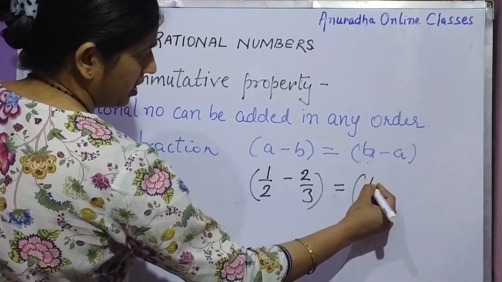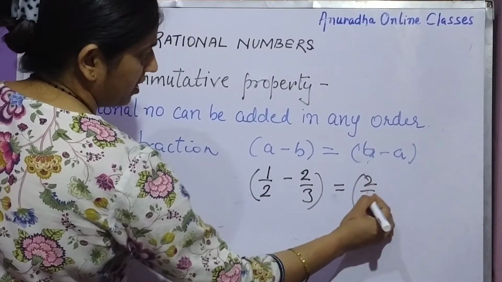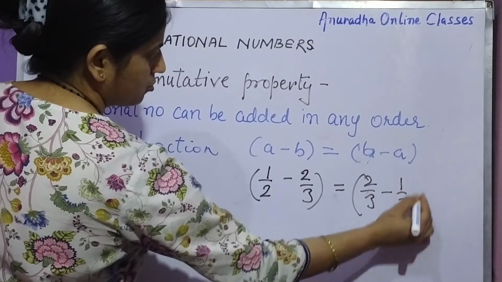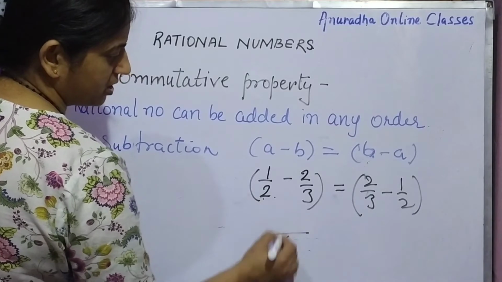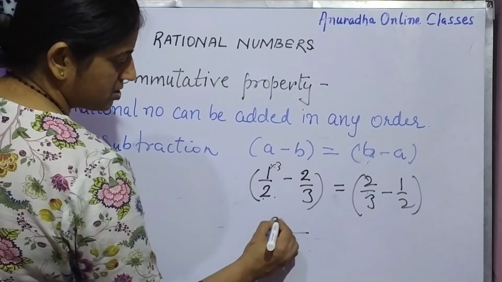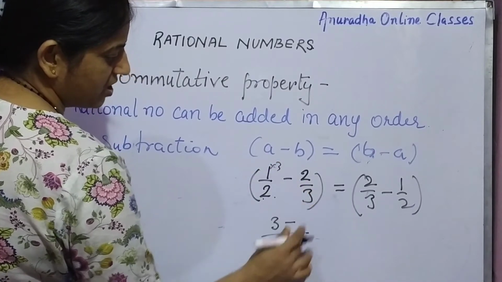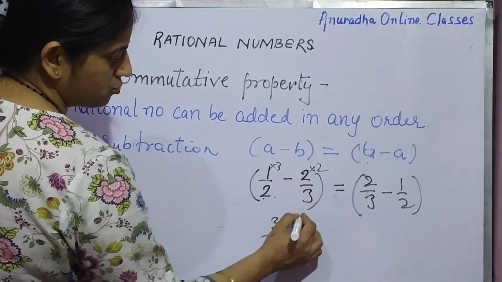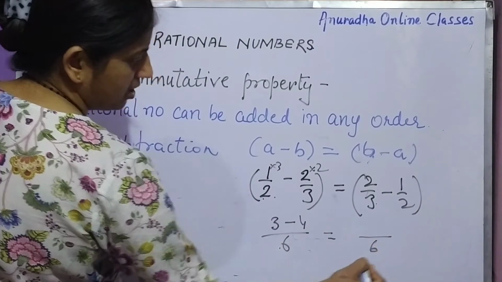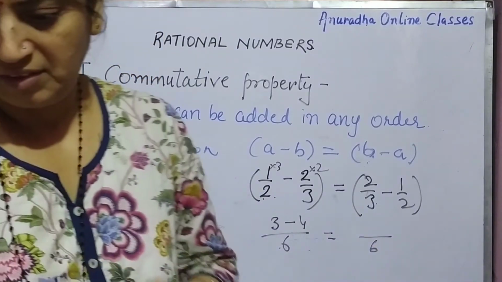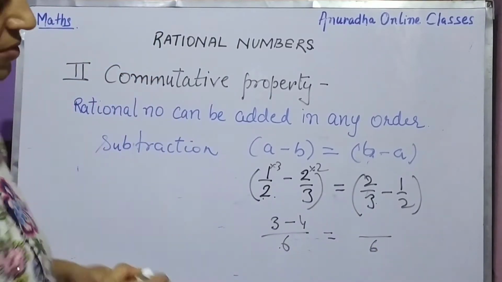That is equal to B is what? 2 by 3 minus 1 by 2. Okay children, this is what? 6. 2 times what goes? 2 threes go. This is 3 minus, 3 times what goes? 2 twos are 4. Here you will get what? Again 6 is the LCM. Here 6 is the LCM.